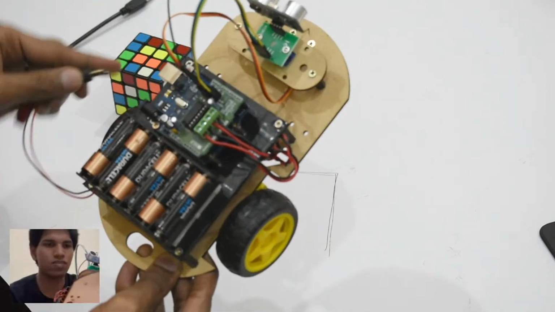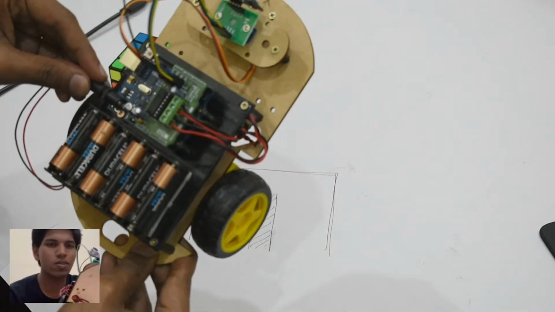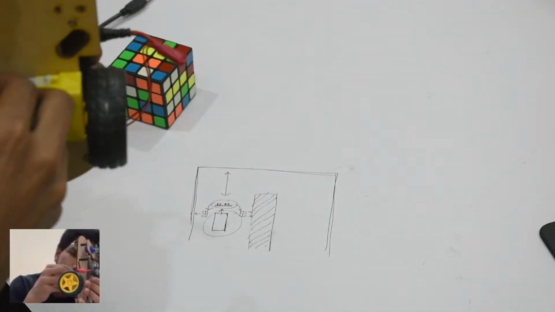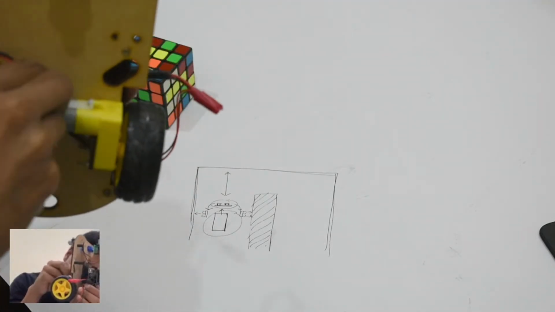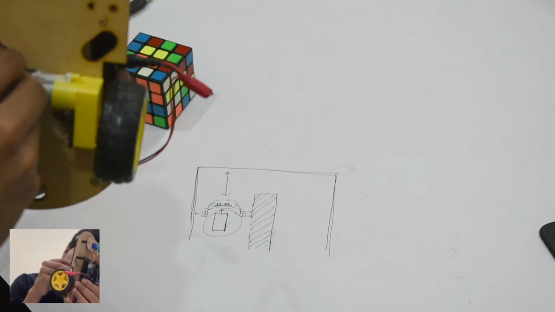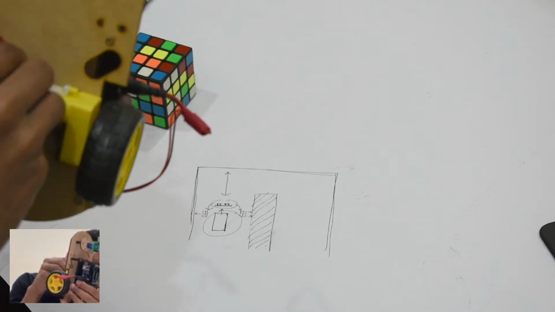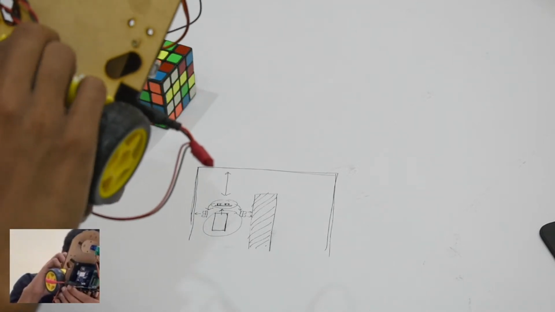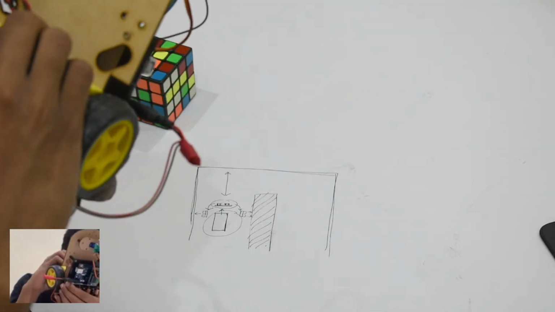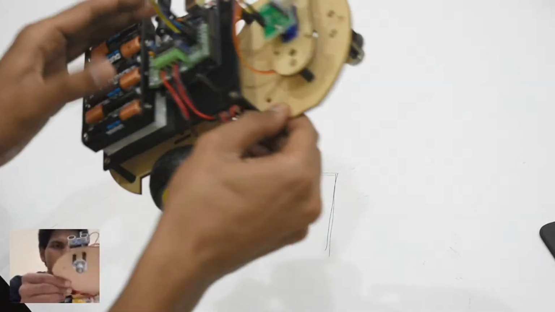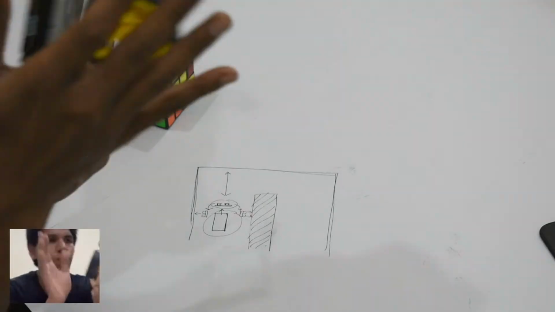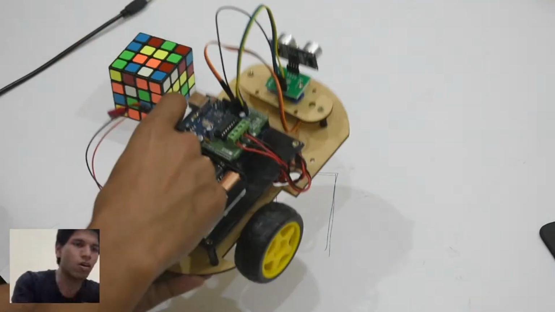So I connect the battery source. Let me just fix the right motor here. It broke, so it might not function exactly the way I want, but it should function adequately for the meantime. So I have connected the wires properly, and I'm just turning on my car.